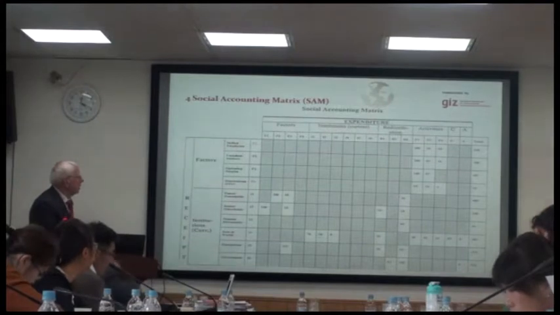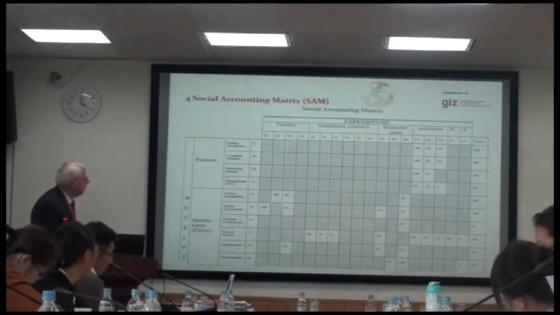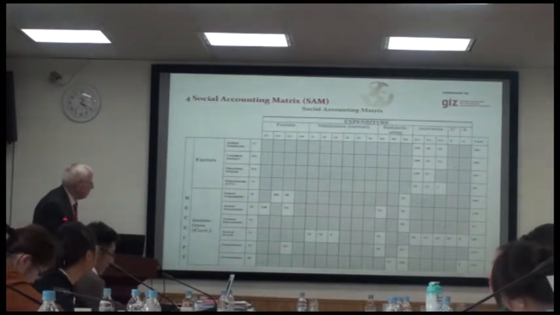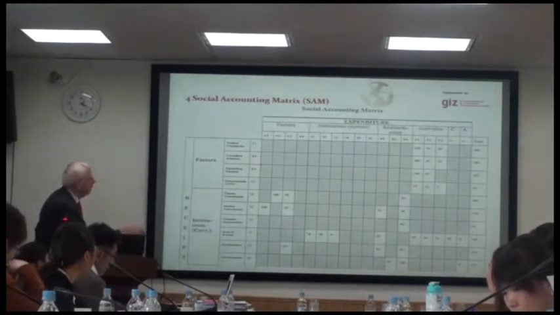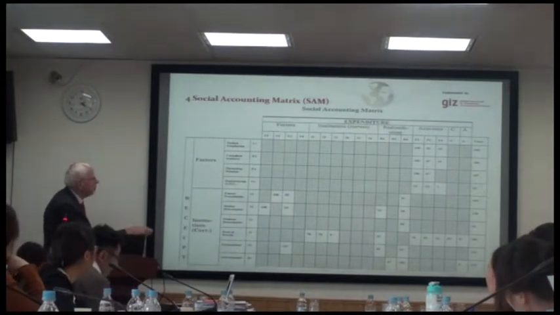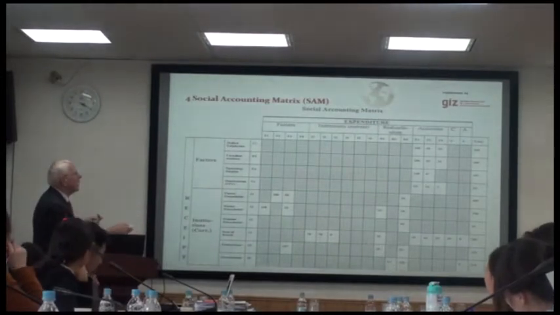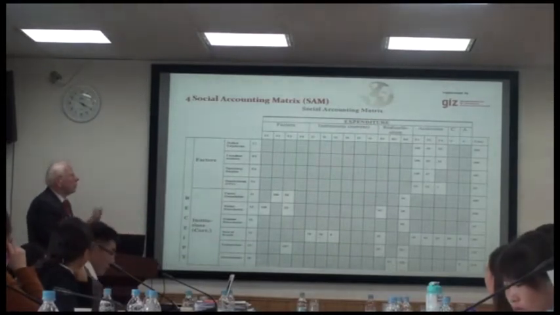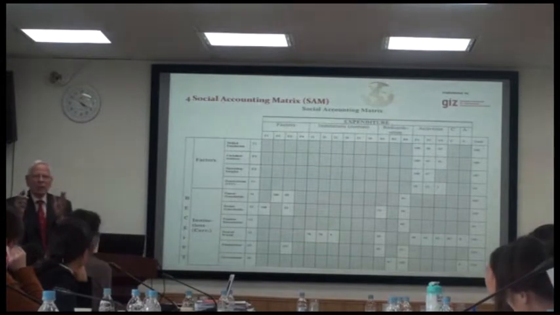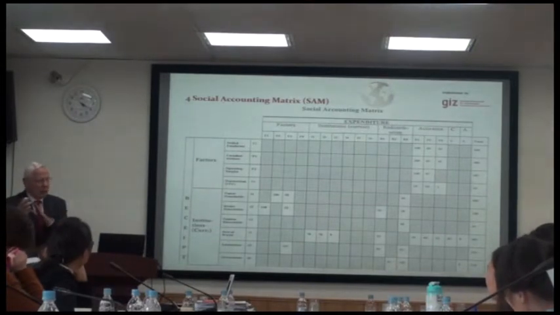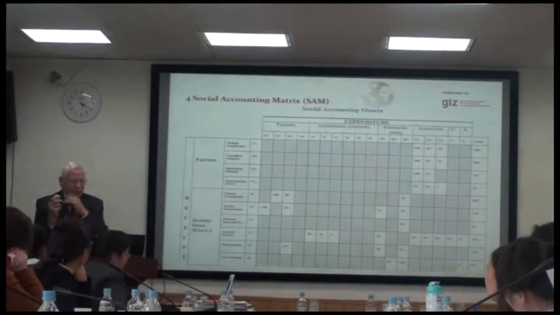Poorer households, richer households, pension households, rest of the world, enterprises and government. And you see here some data are already hypothetically implemented in the SAM. So if you want to know more about the expansion of IO to the SAM, you can go to the social accounting matrix in the book.